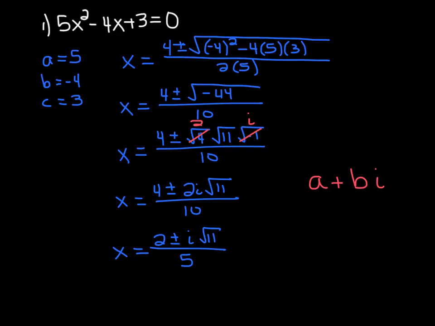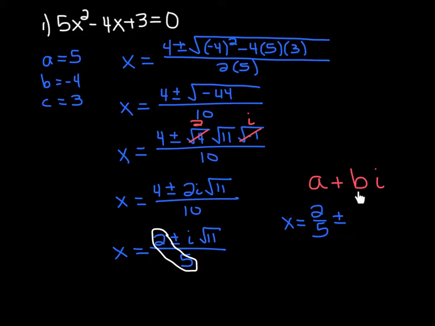Okay, so let's start here. If we take 2 and divide it by 5, we can just rewrite that as 2/5. So underneath here, I'm going to write x equals 2/5. And I know the formula just says plus, but we have a plus and a minus.